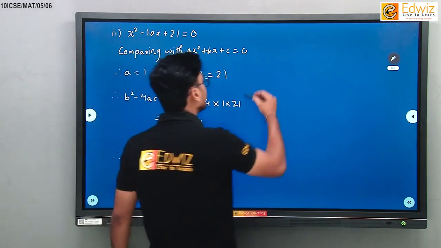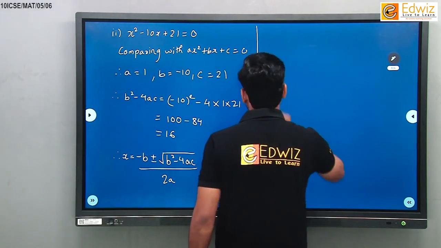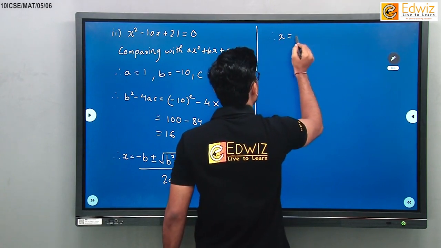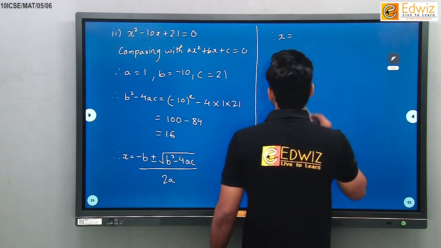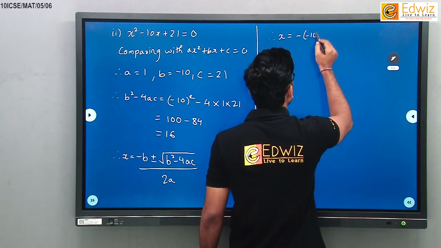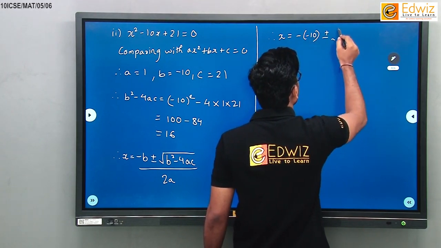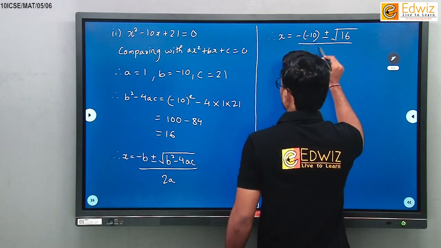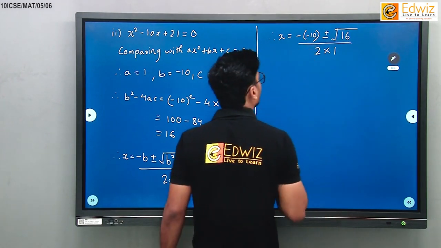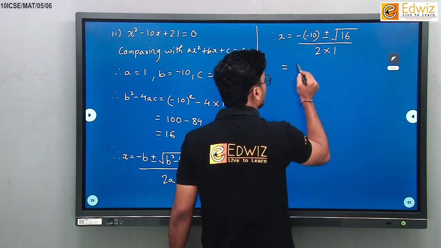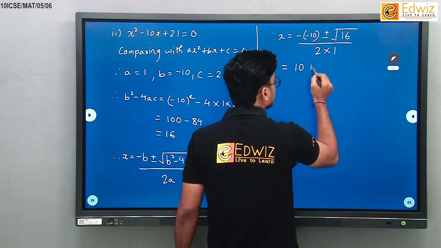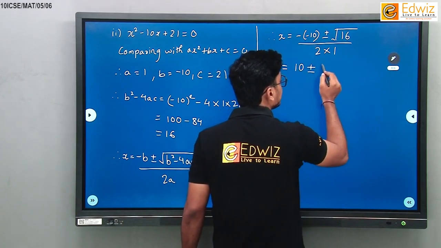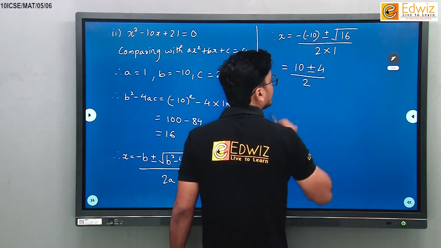Now in this formula, we will substitute the values. Therefore, x is equal to minus b, that is minus of minus 10, plus or minus square root of 16, divided by 2 times 1. So this is equal to positive 10 plus or minus square root of 16, which is 4, divided by 2.